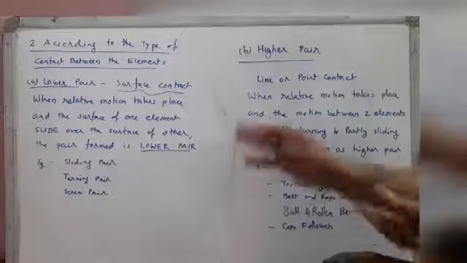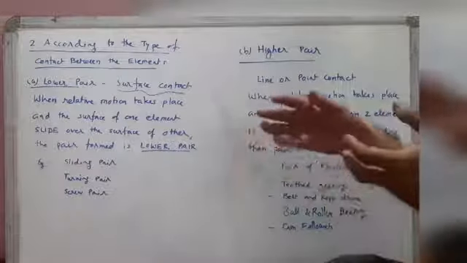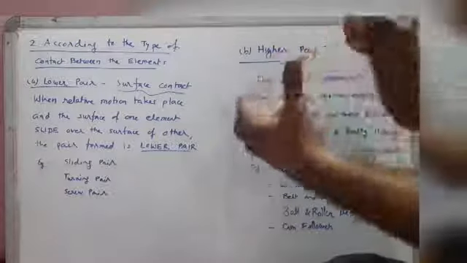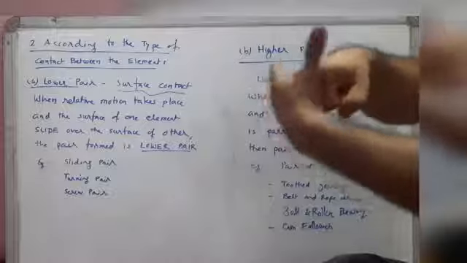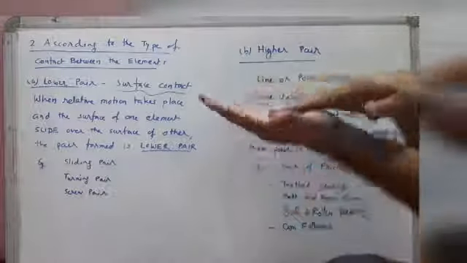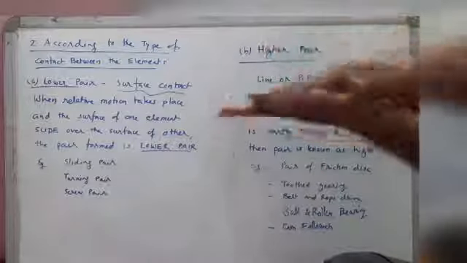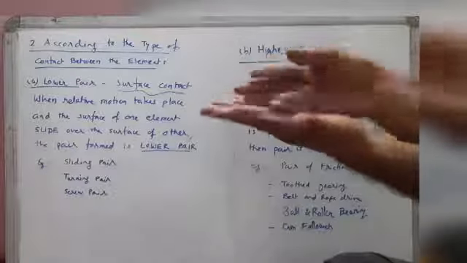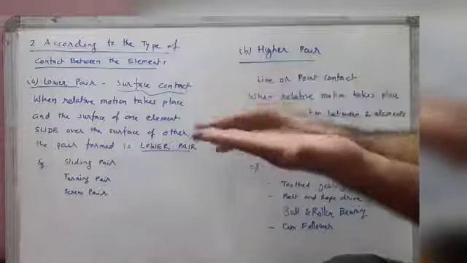For doing any work, we have to give the force with the surface contact there. Sliding pair, sliding means this surface and this surface slide over each other. Or turning pair; these are examples of the lower pair.